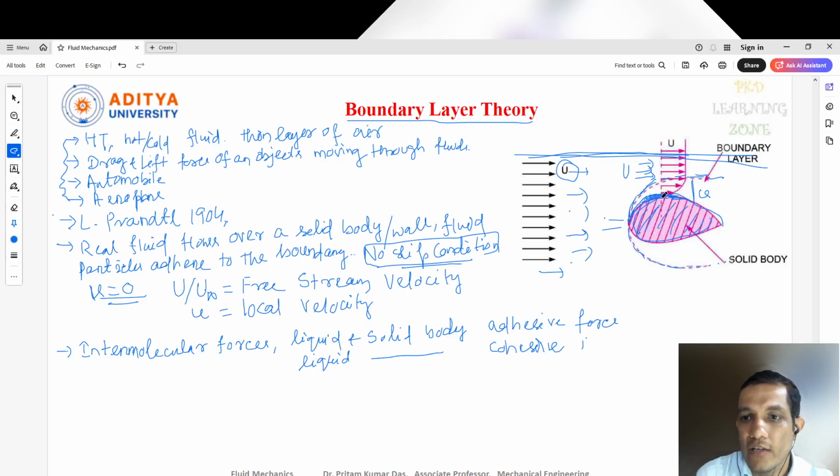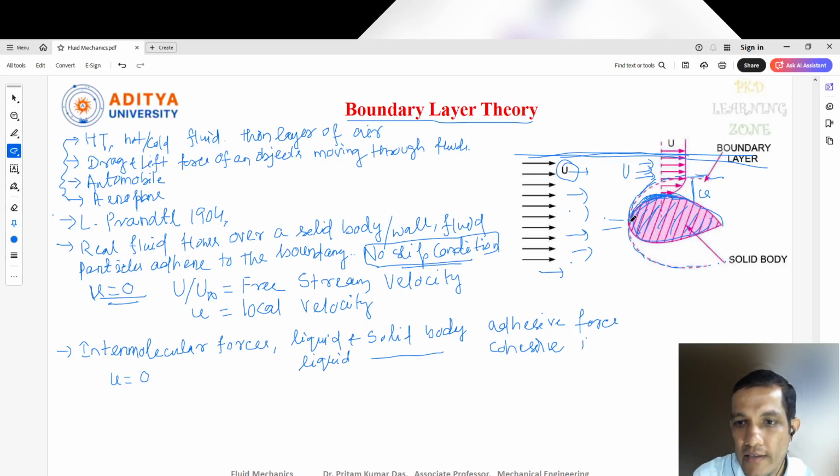When it comes in contact with the solid body, adhesive forces are created, and here the adhesive force is more than the cohesive force. So it will oppose the fluid, and that's why we won't get any velocity of fluid flow. So the velocity near the boundary will be 0. That is u equal to 0, and that is called local velocity.